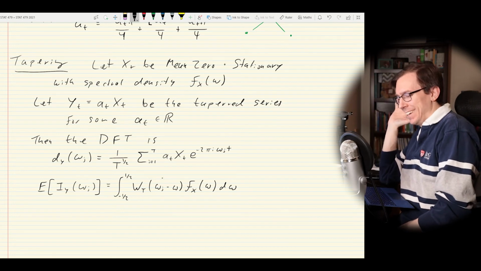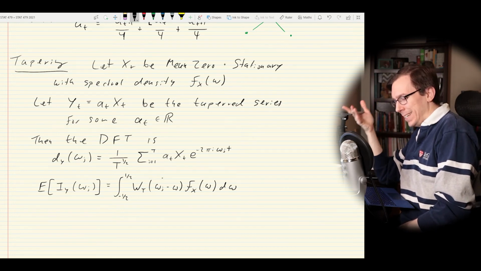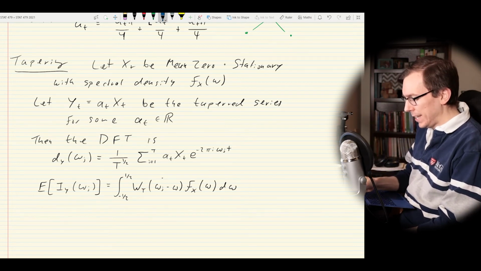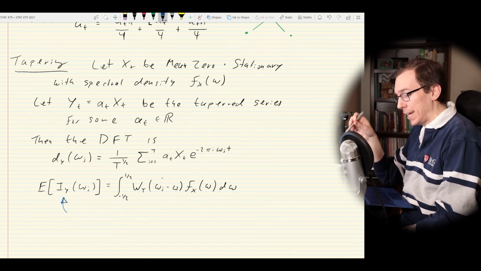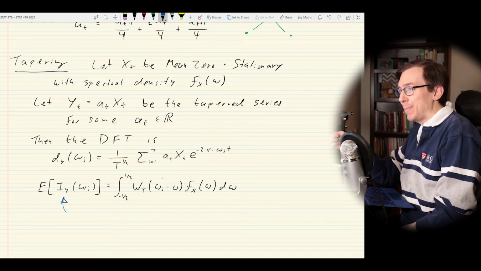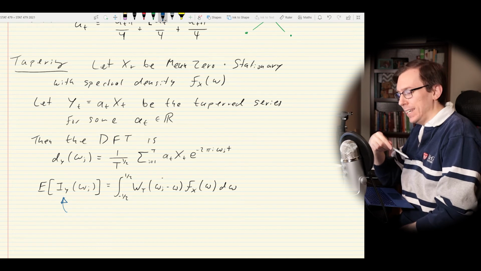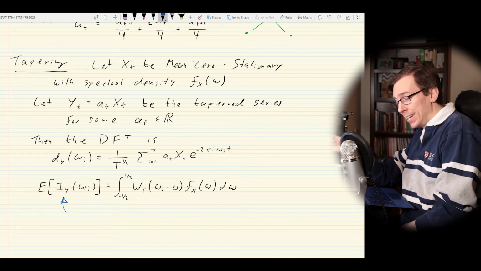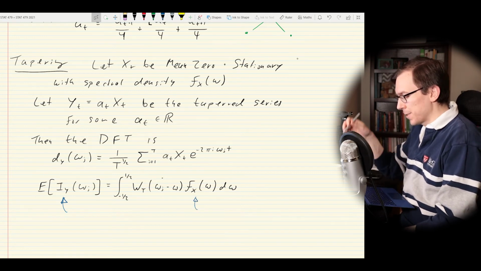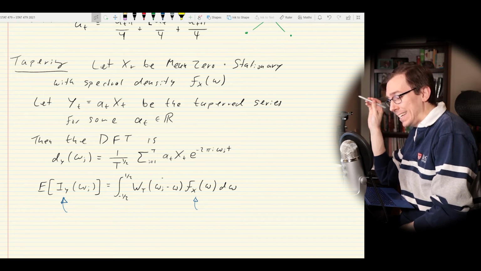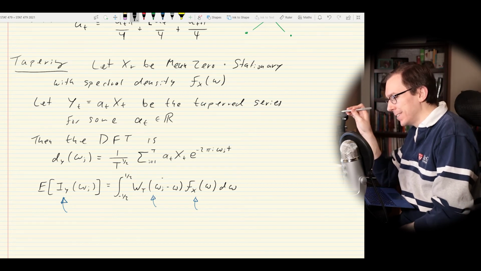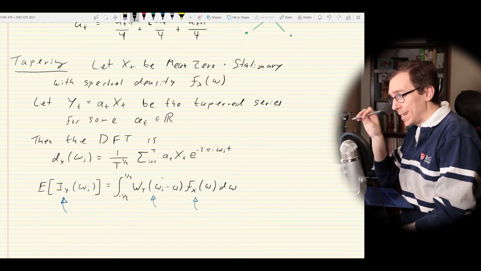Okay, a lot of omegas. What does that mean? Well, if we want to know the expected value of the periodogram for y, which would be an estimator of the spectral density for the tapered series y, what we find on the other side is an integral with respect to the spectral density of x, multiplied by some W, which is going to be called the spectral window.